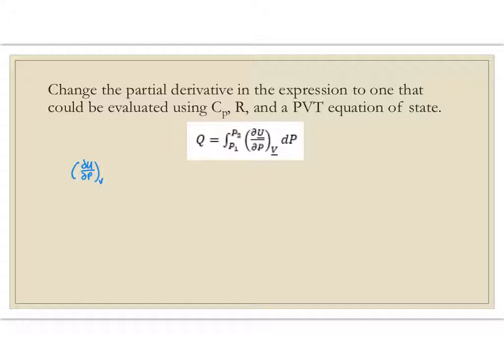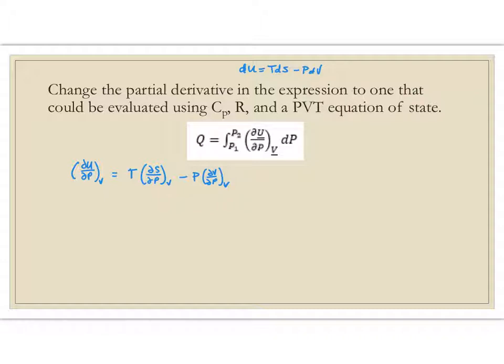And whenever I have one of those ugly things, an energy function, something like that, I'm going to use a fundamental relation to get me out of this mess. So dU is T dS minus P dV for a closed system. And if I rewrite that as a partial derivative, then it's T dS/dP at constant volume minus P dV/dP at constant volume.